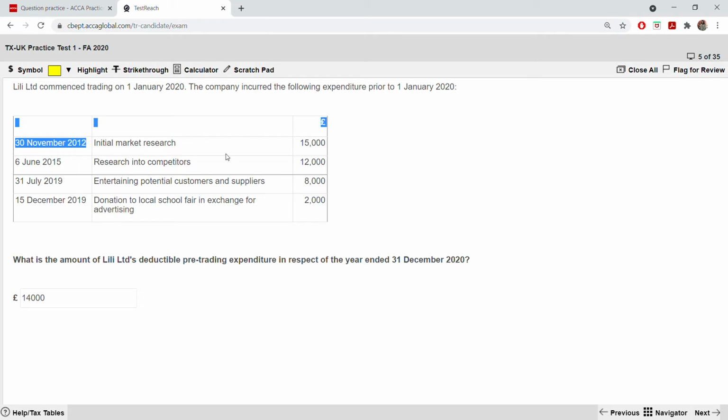Now the entertaining cost is non-staff entertaining, which is not allowed. It's not because of the date, but this one is not allowed as a deductible expenditure. So that's why you cannot take these two. Next.